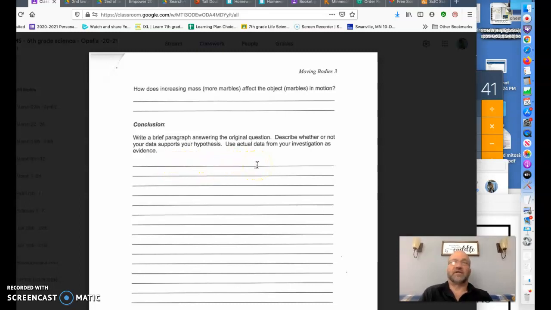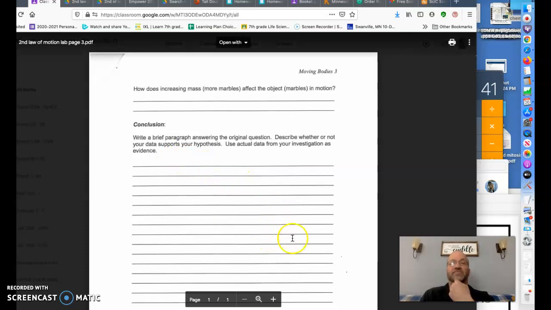If you said, well, the more mass, the farther it's going to go, then just explain, is that true? After you did the lab, did that actually happen? Just write a brief explanation.